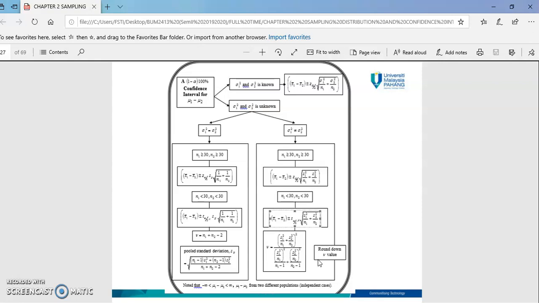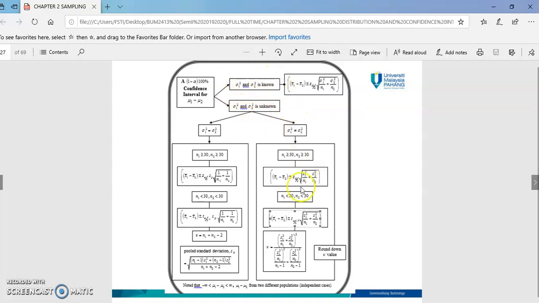The first condition: since we have two populations, you will have two different sigmas. The first condition is whether sigma 1 and sigma 2 are known, or sigma 1 and sigma 2 are unknown.